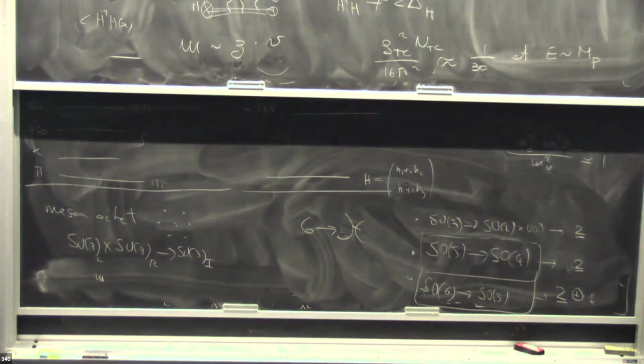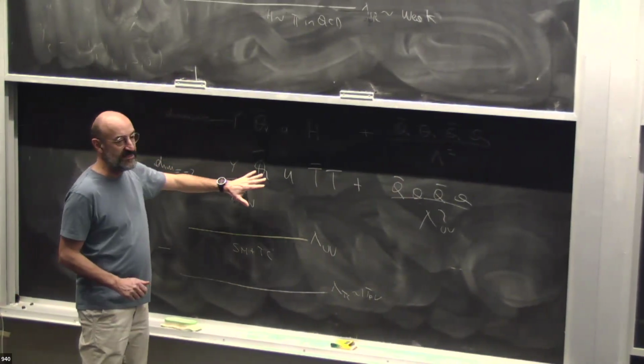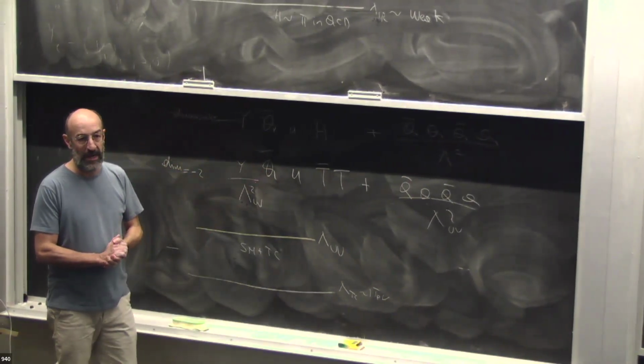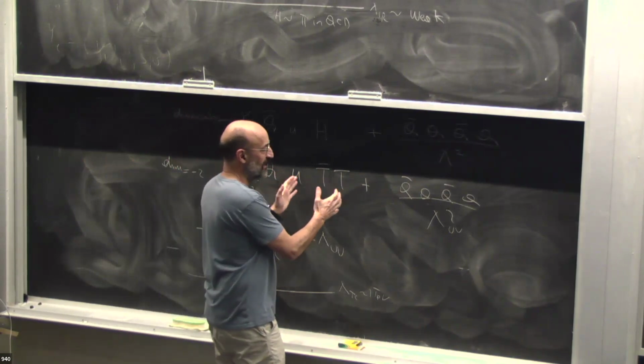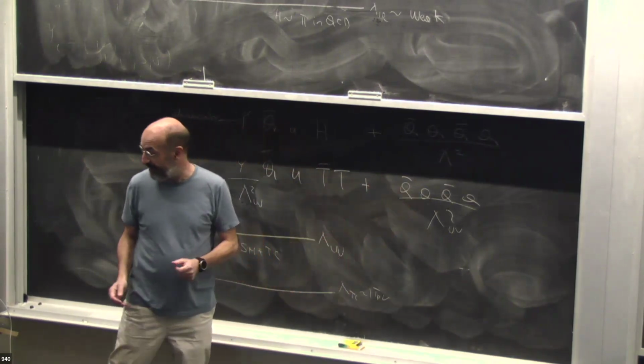Okay, so I think I have to speed up somehow. As I said, in the case of Technicolor that I showed here, there was this difficulty where it seems like what you see and what you don't see comes at the same level.